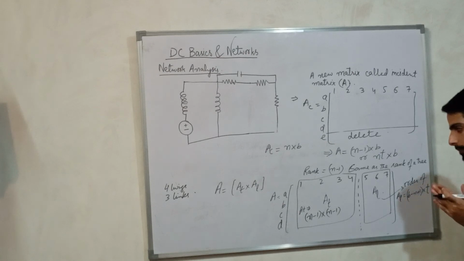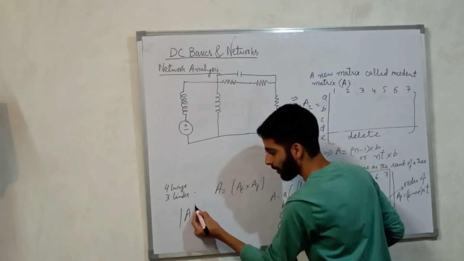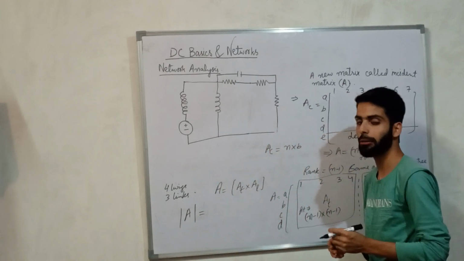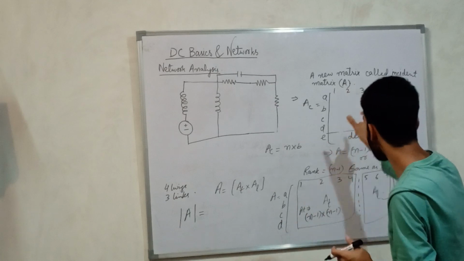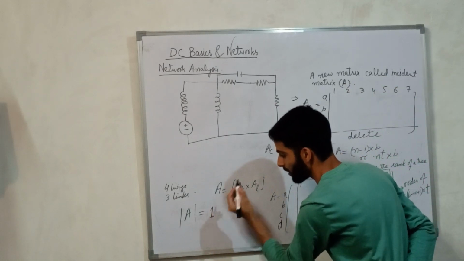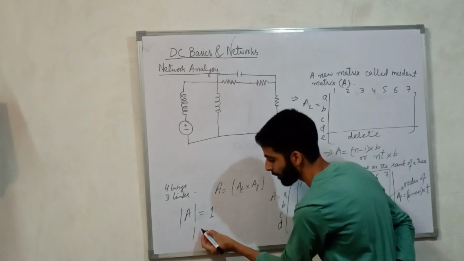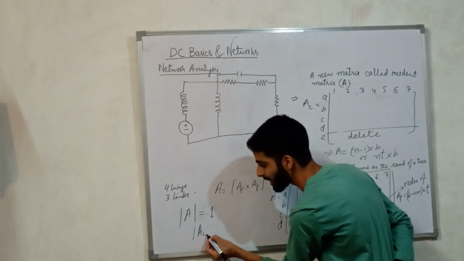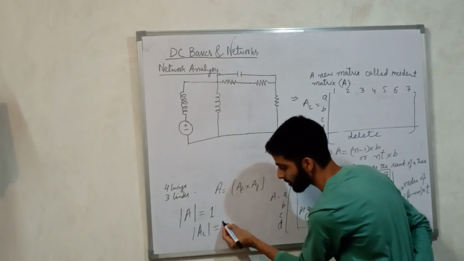Is that all? Yes. The determinant of A, the value of a matrix, is given by its determinant. So the determinant of this incident matrix will always be 1. And one more point to remember, the determinant of the complete incident matrix that we earlier studied will always be equal to 0.